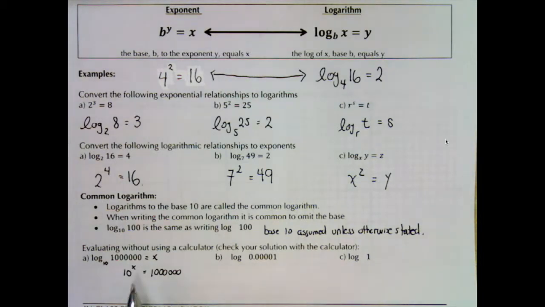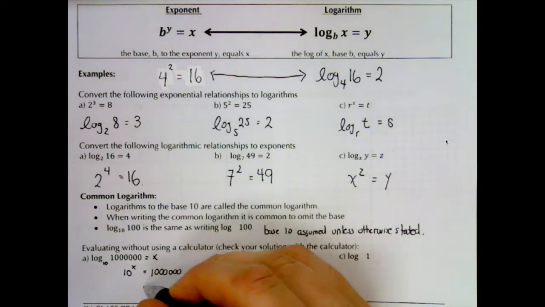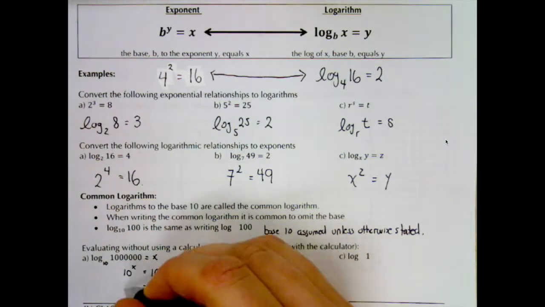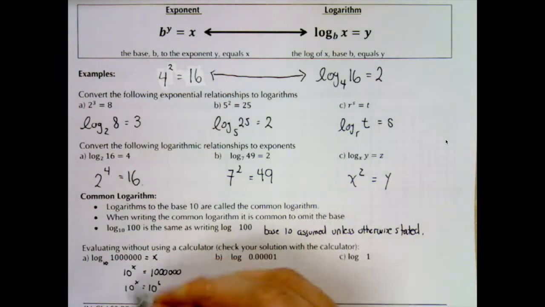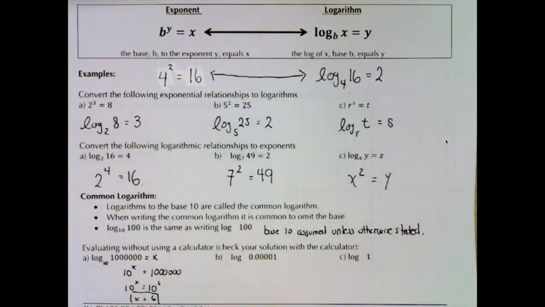And to find our answer, if we change the base of our power, we could rewrite 1,000,000 as 10 to the exponent 6. And now when you have a common base, you can equate the exponents, so x would equal 6. You can do similar for B and C.